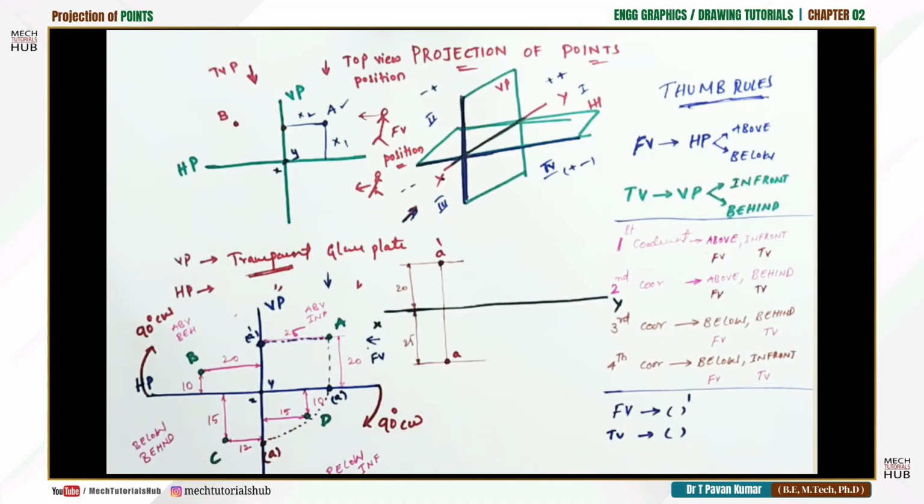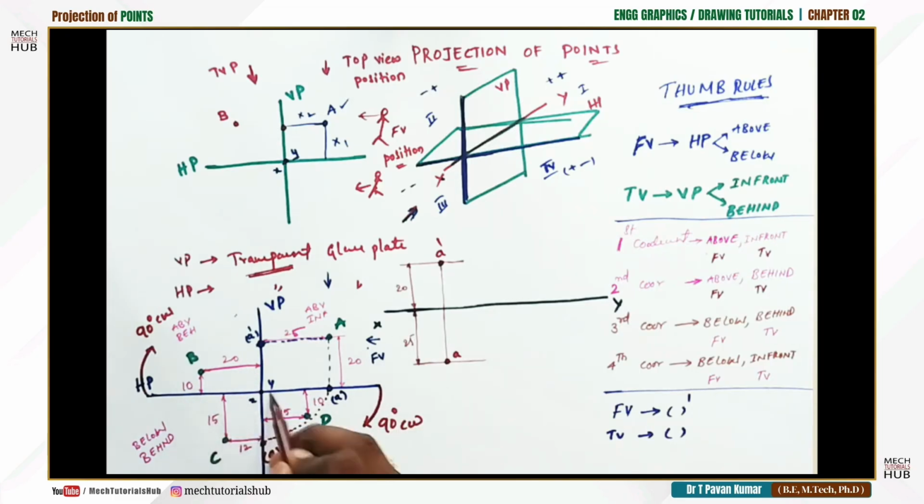Now we'll take the second question, which is B. B is the object, and again I'll come to the front view. As it is a transparent glass plate, I can view this object from the front. Now when I view from the front, I need to talk about the horizontal plane only, according to our thumb rule. When I talk about the horizontal plane, the point B is 10 mm above HP.